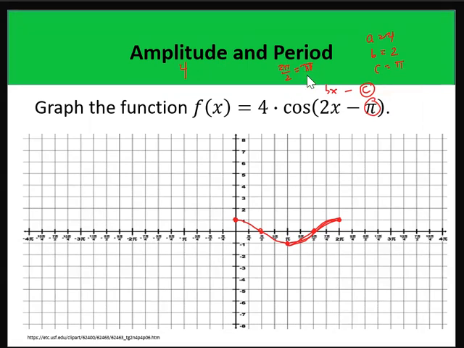Okay, now if we apply only the amplitude and the period, then we have to divide this period by 4 to get the labels on the x-axis. So we have 0, and then the period pi will be divided by 4. Then this will be multiplied by 2, that's going to be 2 pi over 4.